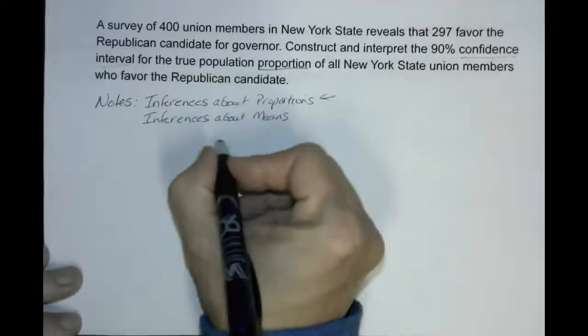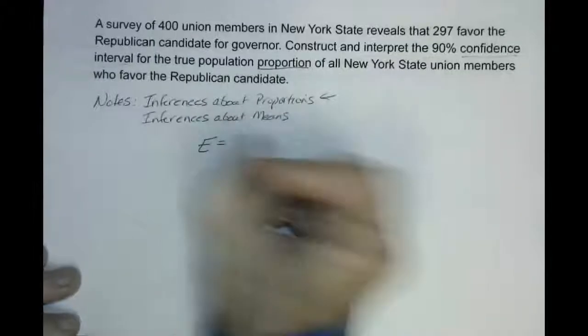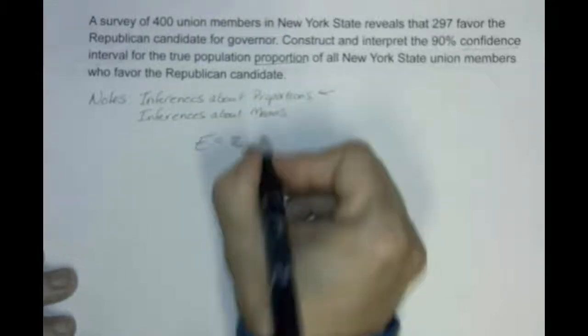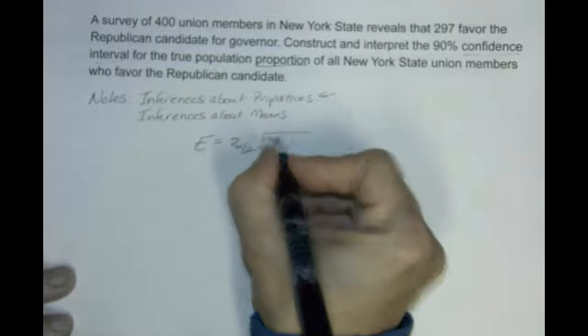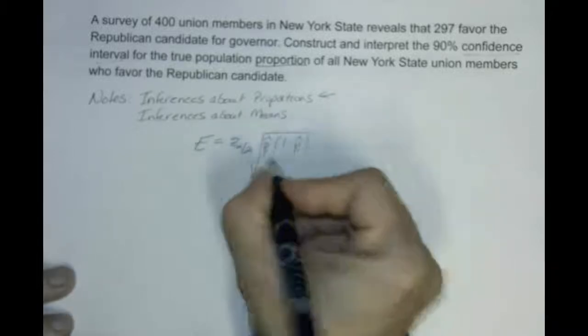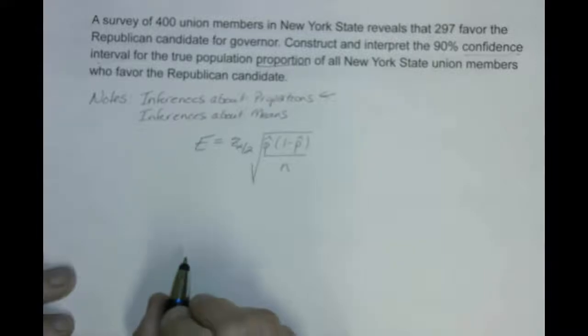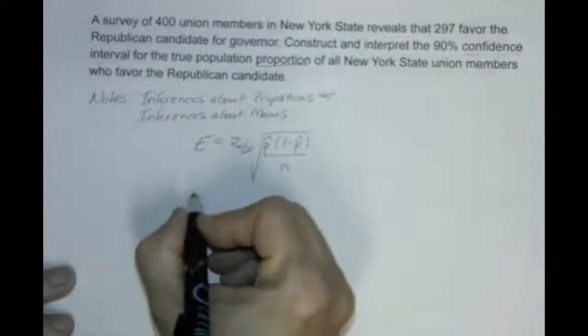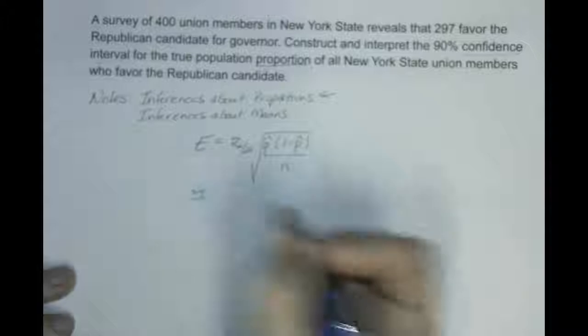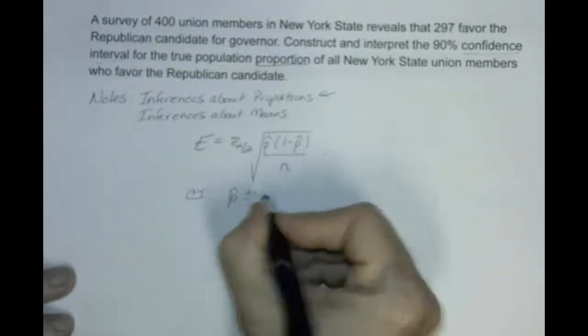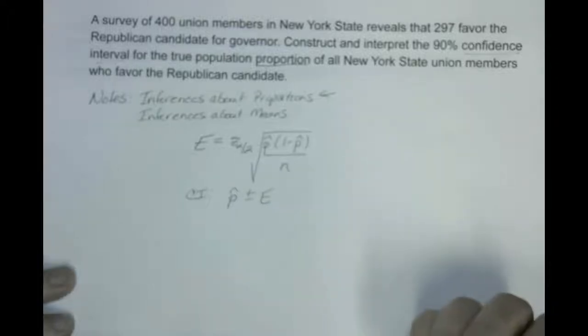And for that formula, you have the margin of error, which is this. And then for your confidence interval, you would take your point estimate, which is your p hat, plus or minus your margin of error.